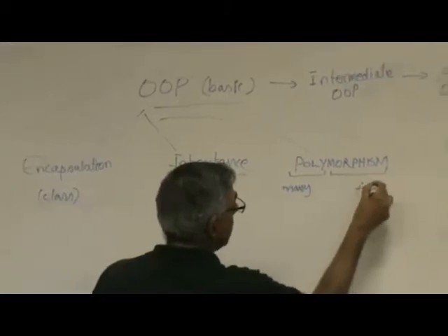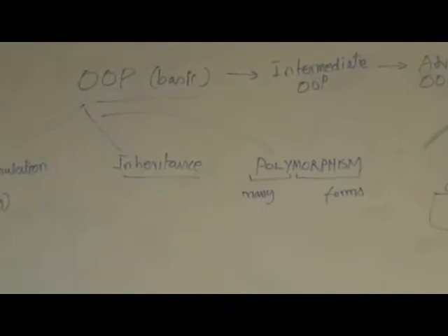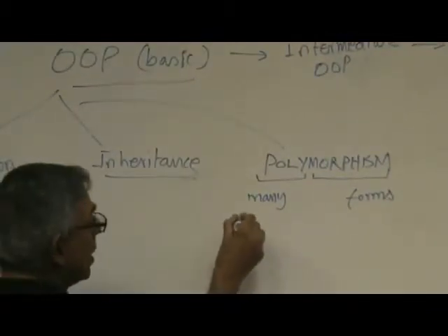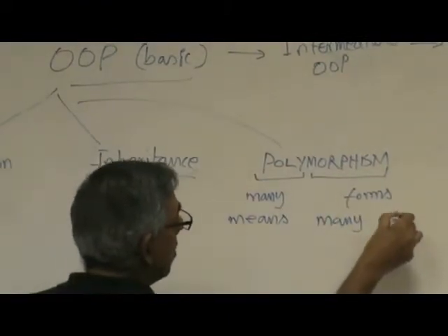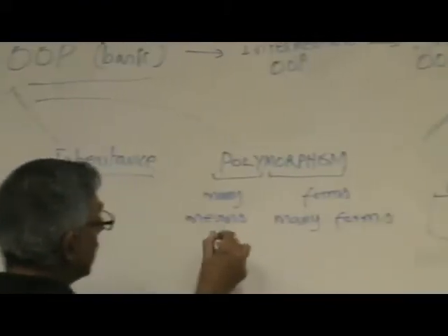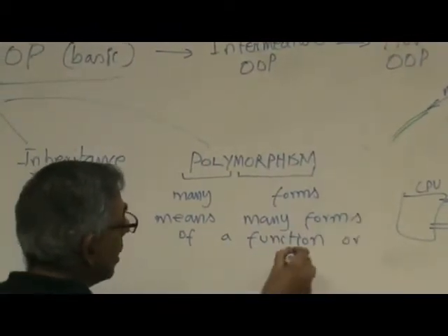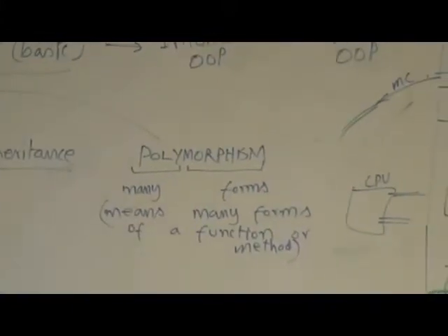Morphism basically means forms. So what do we mean by polymorphism when we apply it to programming? It basically means many forms of a function or method. Remember, a function is also called a method in object-oriented programming. So that's all it means.